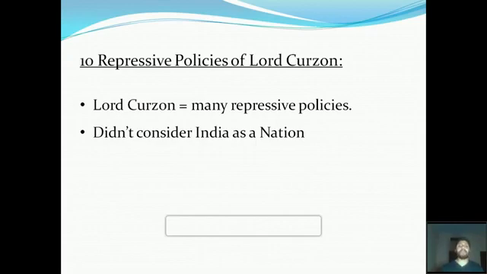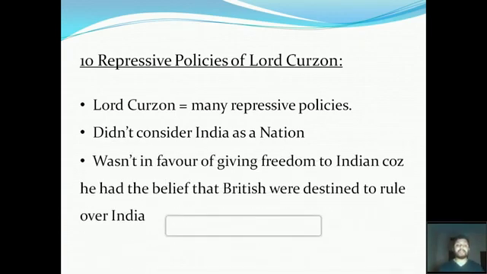It was something like a group of ethnic groups, because those qualities considered necessary for a nation were not there in India. So, in his view, I am saying in his view, he never considered India as a nation.